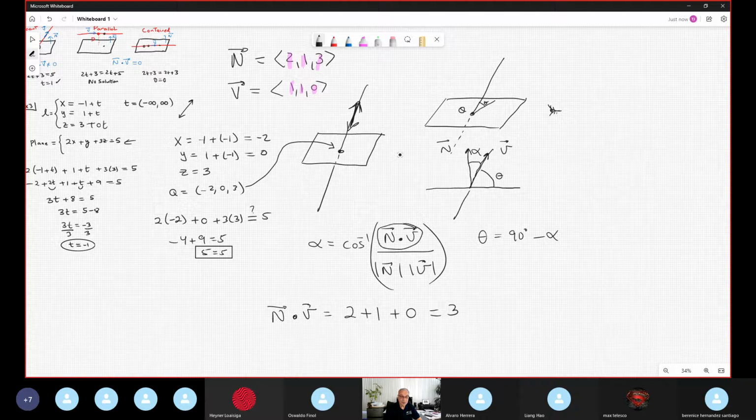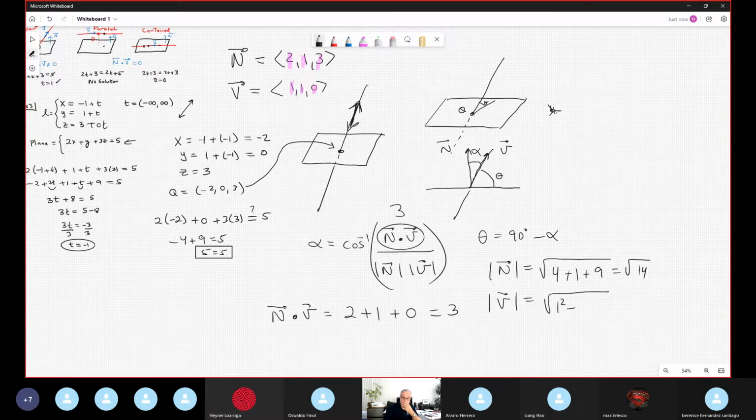And the magnitude of the normal vector is the square root of 2 squared, which is 4, 1 squared, which is 1, and 3 squared, which is 9. This is square root 14. The magnitude of the direction vector of the line is the square root of 1 squared plus 1 squared plus 0 squared. It's radical 2.